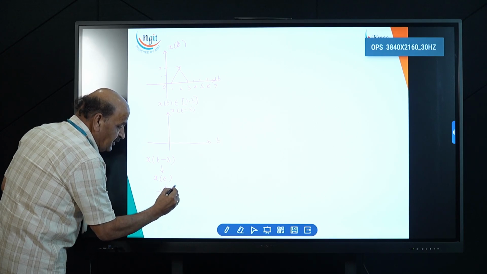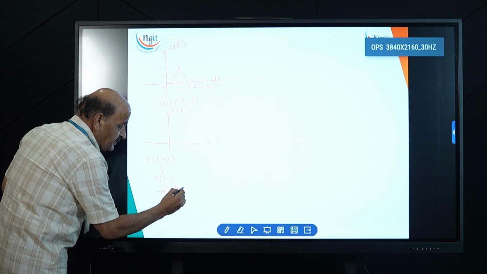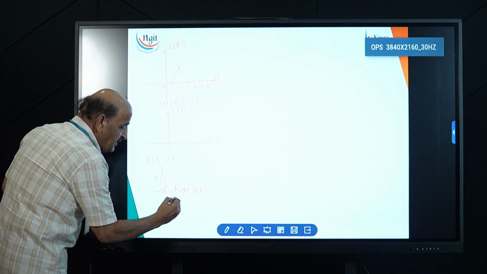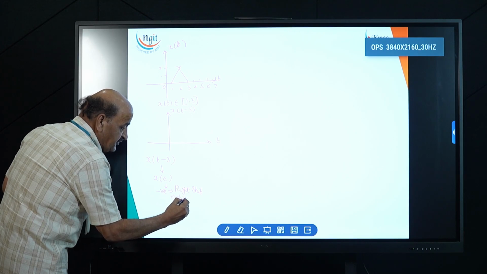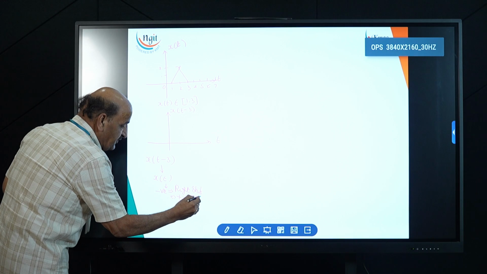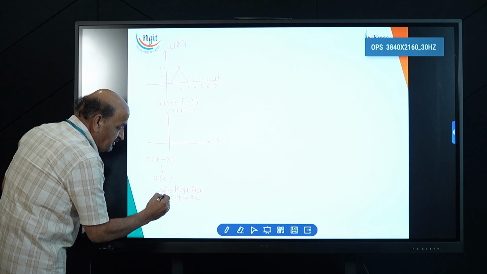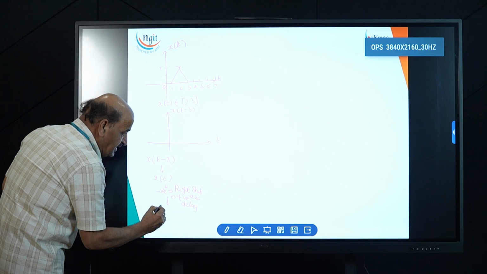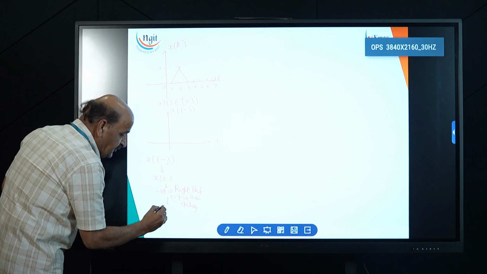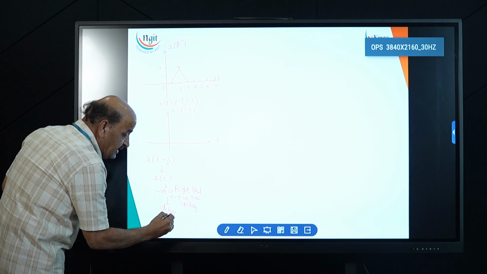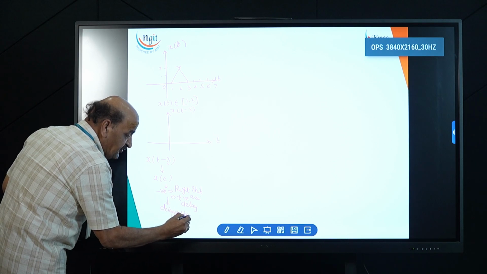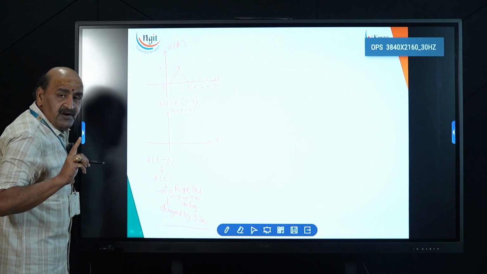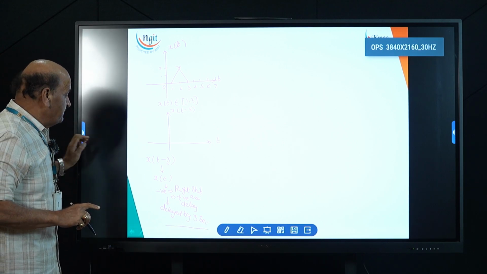Negative sign implies towards right shifting. Right shifting means what? Towards positive axis. Second one, because of negative, the signal is delayed. That means here 3 is given. Therefore, the signal is delayed by how many seconds? 3 seconds.